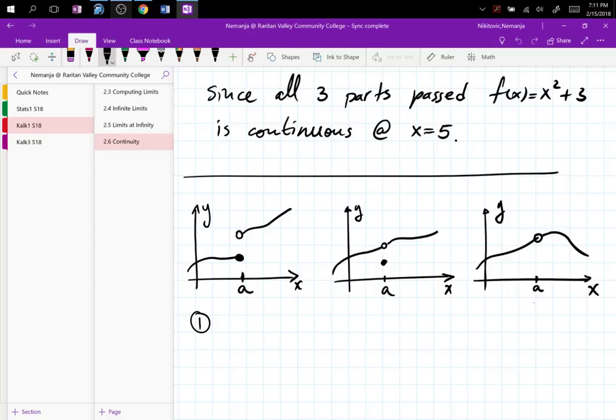Yes. Where is it? Where is the f of a? It's the bottom, the black dot. So it passed the first case. Perfect. Number 2, limit as x goes to a of f of x. Does that one exist?